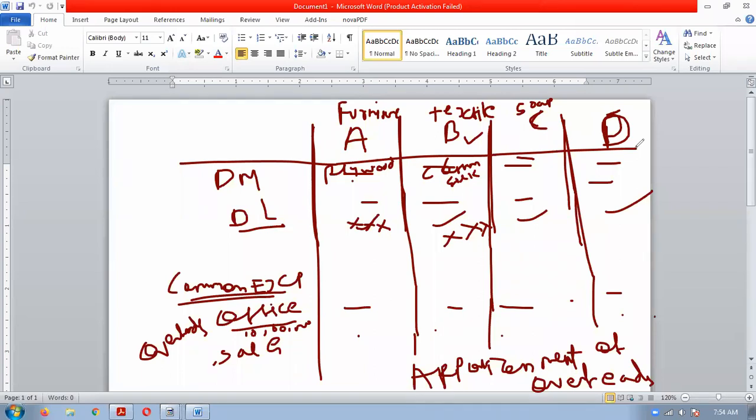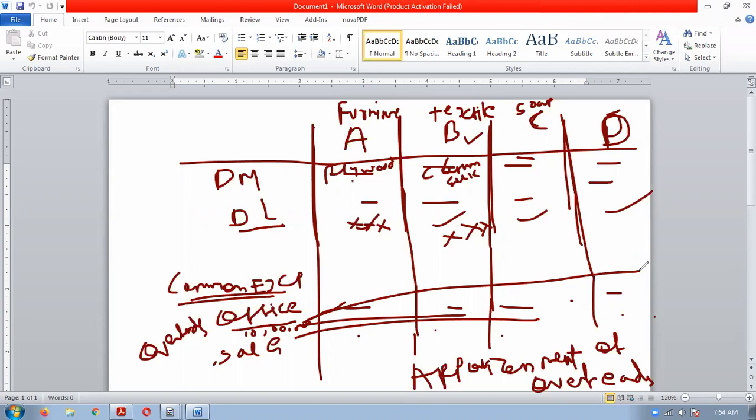Correct. So this 10 lakh rupees will be related to all the products, but we cannot say that with perfection. We cannot say that 5 lakh is for A or this much amount is for B. For that, we will use some technique and allocate this 10 lakhs to each product, based on different methods or basis. That is known as apportionment of overheads.